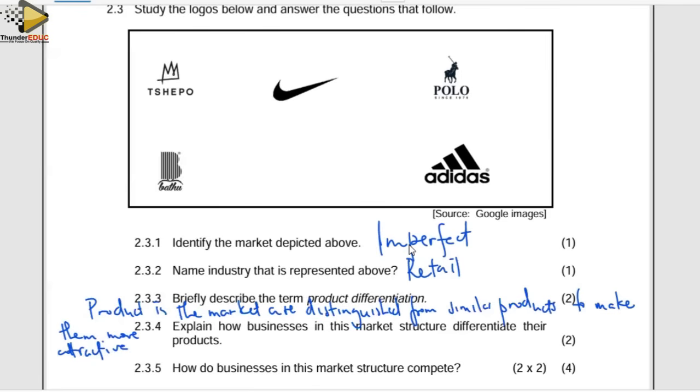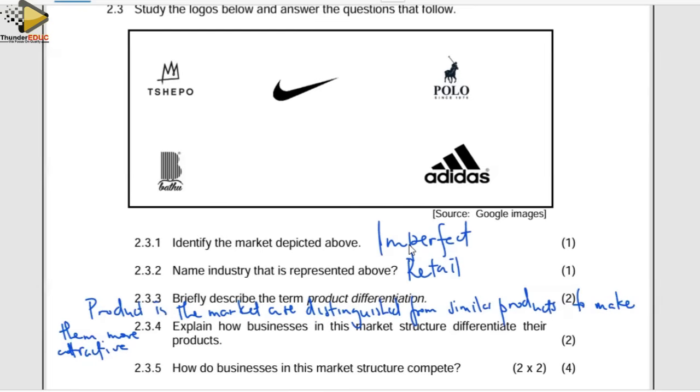So when we're doing product differentiation, we are trying to distinguish products. The products are similar, but we try to create a difference so that they become attractive. What can we do to have a distinguishing image? We can use branding, specific logos, specific labeling, or specific packaging. The products are similar, but we want to show a difference amongst them by labeling, branding and packaging them differently. That is product differentiation.